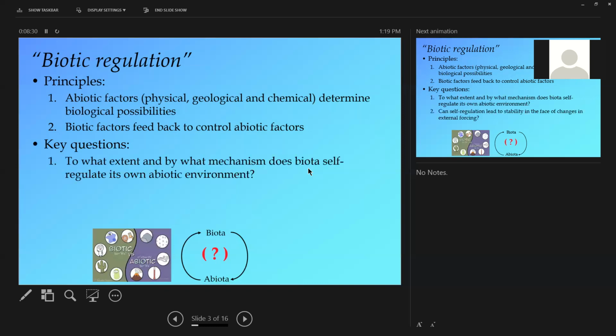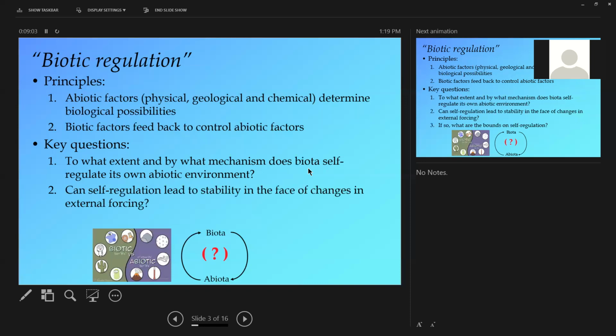And so a key question that ecologists have been asking for not as long as you might think is, to what extent and by what mechanisms does biology self-regulate its own environment? That is, can the biological system living on a site or in a very large system like the globe as a whole, can the biology itself help to regulate and stabilize the ecological system? That's a pretty important question for ecologists.